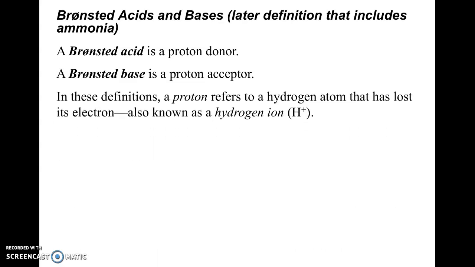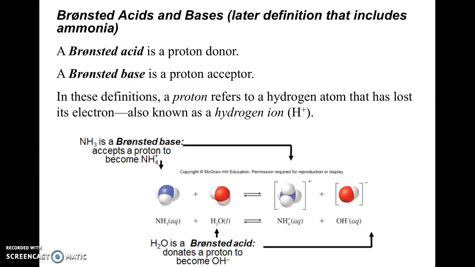And in these definitions, a proton refers to a hydrogen ion that's lost its electron, and we also will look at that later as a hydronium ion. But here's just a little diagram of how ammonia can be a base, because it accepts a proton from the water, creating that NH4 plus ion, that ammonium ion.